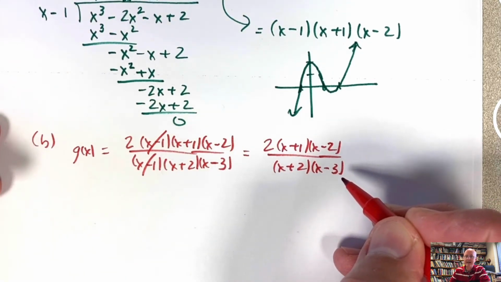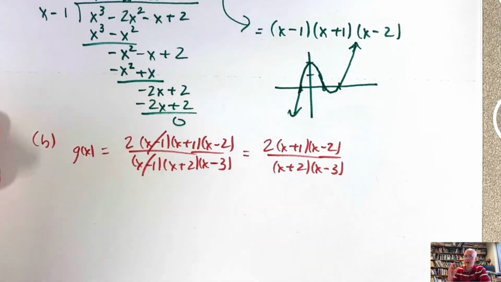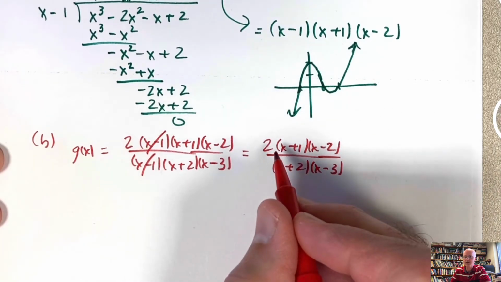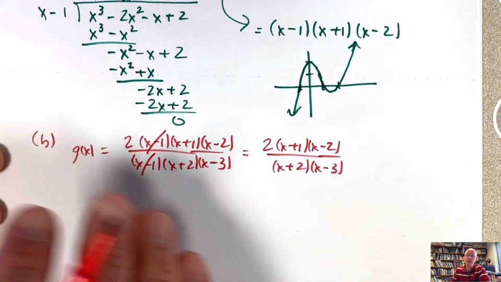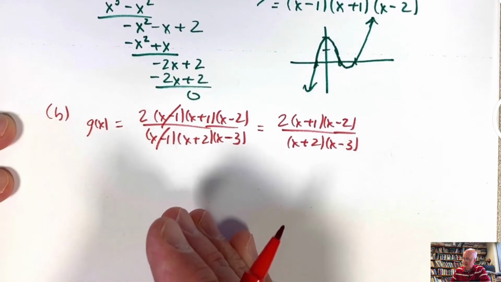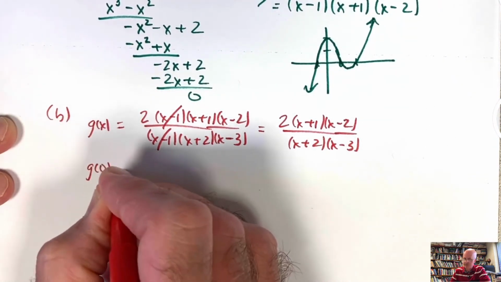And in fact, the horizontal asymptote is a horizontal line, y equals some constant, that the graph approaches as x goes to plus or minus infinity. The value of that constant turns out to be the leading coefficient of the top divided by the leading coefficient of the bottom. 2 divided by 1, 2. The line y equals 2 is going to be where your horizontal asymptote is. Okay, let's also find the y-intercept of g for good measure, g of 0.